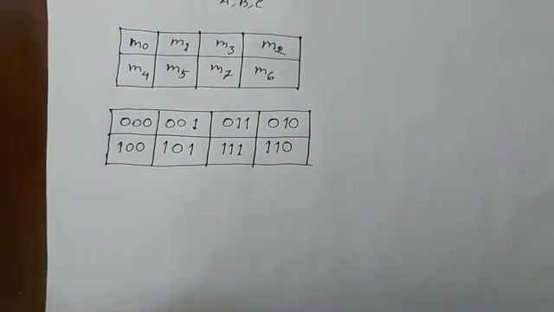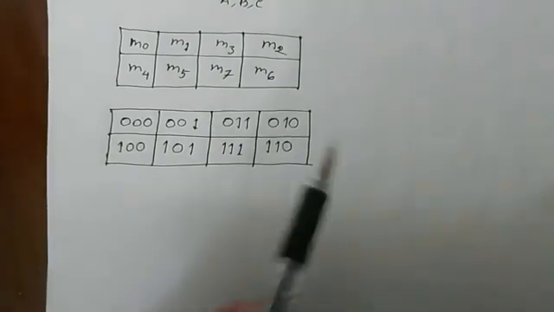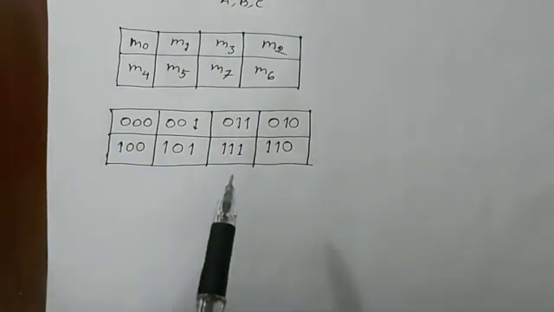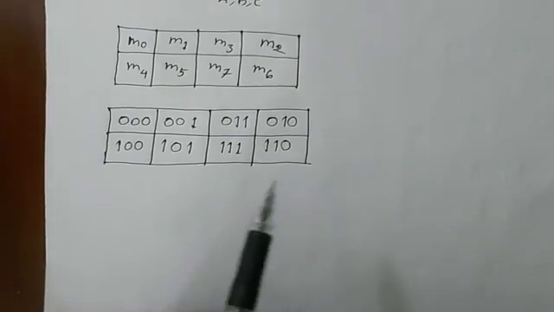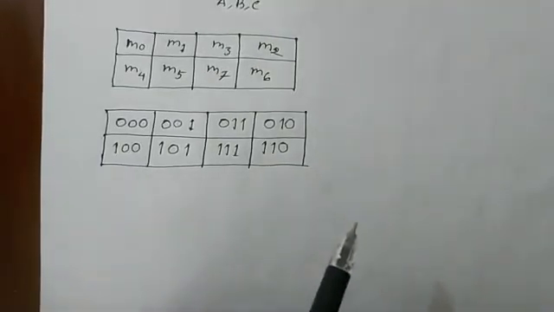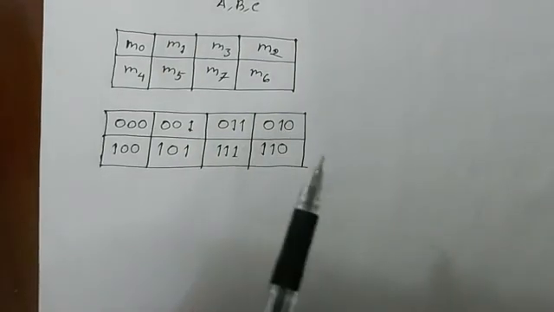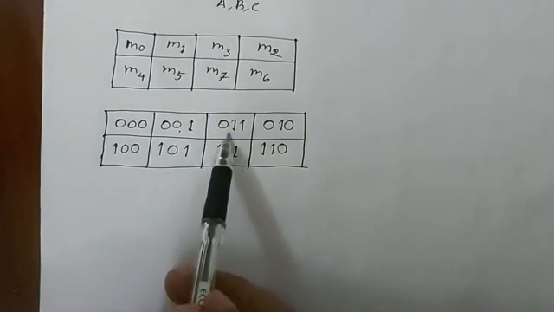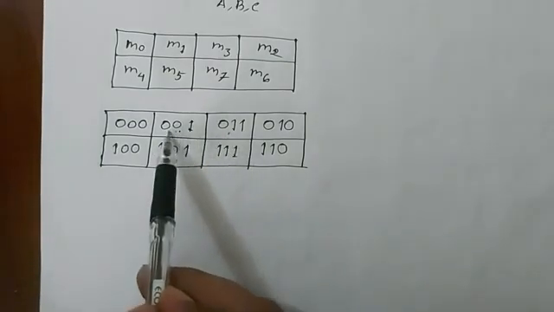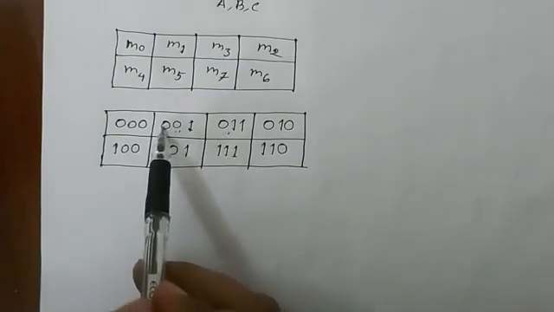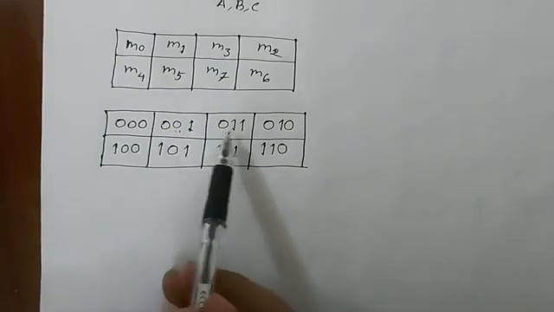Now if we look here carefully, every adjacent cell will have only one bit difference. Suppose any two adjacent cells, this one and this one, how many bits differ? Here is 0, here is also 0, here is 1, here is also 1.